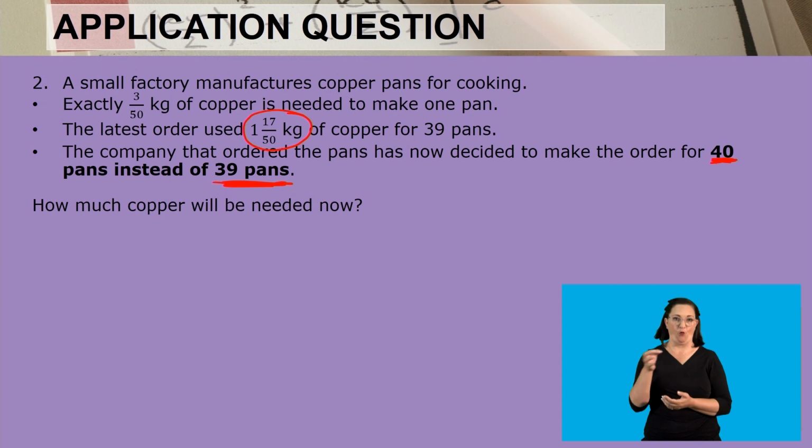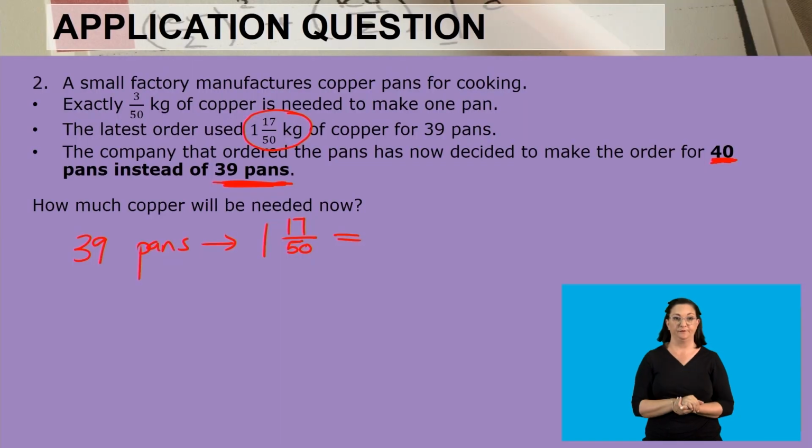So what exactly is happening here? We know that for their order of 39 pans, we needed 1 17/50 kg of copper. And because we are going to work with that, I am going to convert it. That is a mixed fraction. It is easier if we convert it to an improper fraction, so that we can easily work with that.